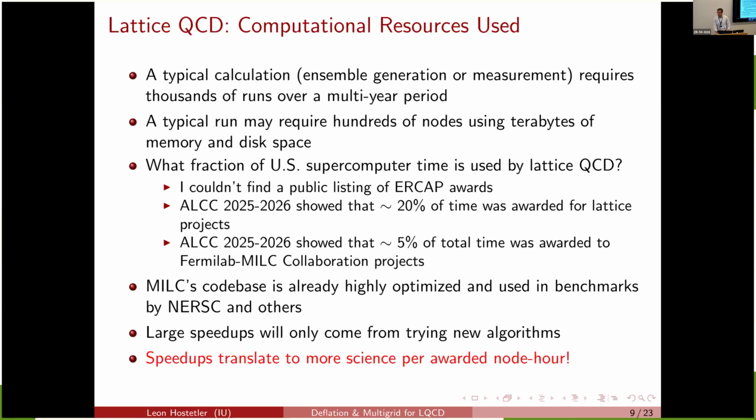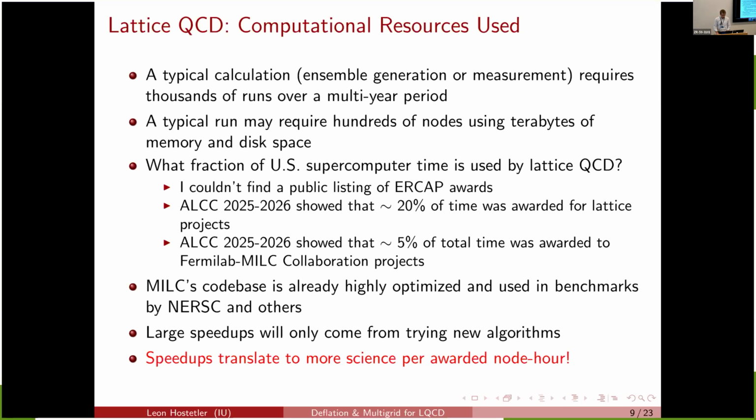So given how much compute time we use, we as Lattice QCD researchers, it behooves us to make sure that our codes are running efficiently and we're using good algorithms so that we're using this time wisely.